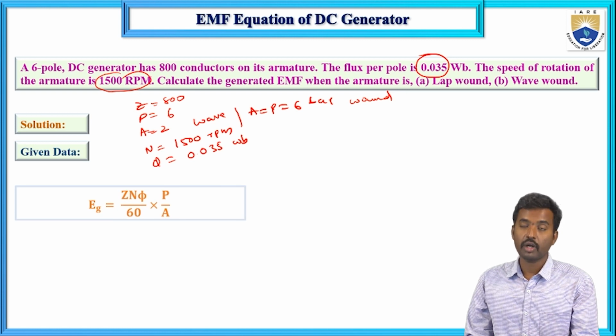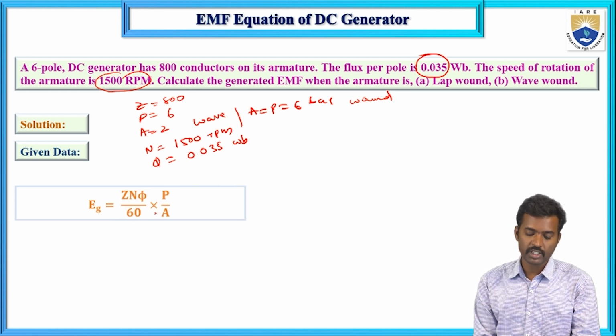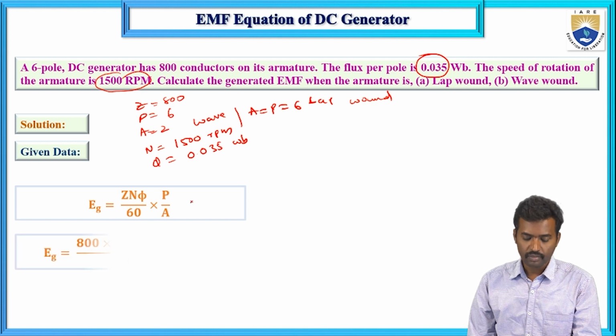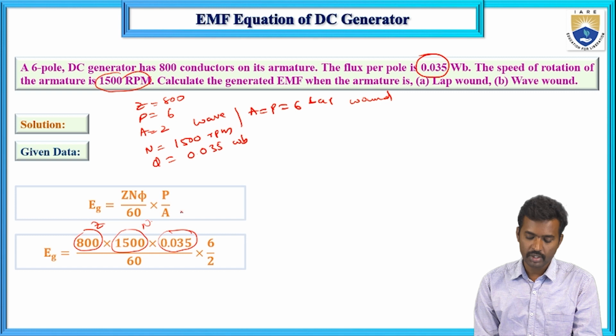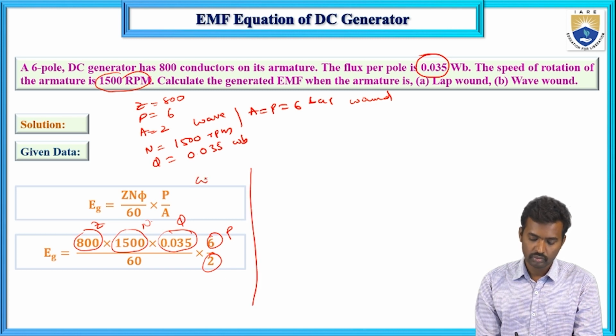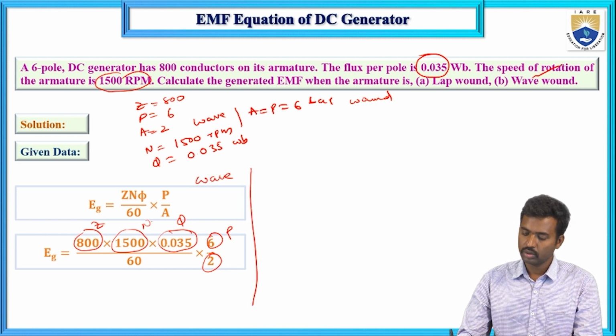The EMF equation formula is the same, Z N phi by 60 into P by A. Z equals to 800, and speed equals to 1500 RPM, and this is 35 milliwebers, that is phi, and total number of poles P, and A equals to 2. This is for only wave wound generator. A equals to 2 for wave wound.